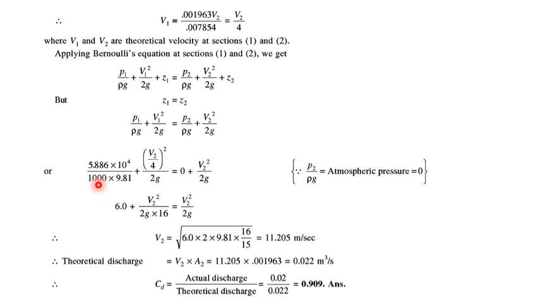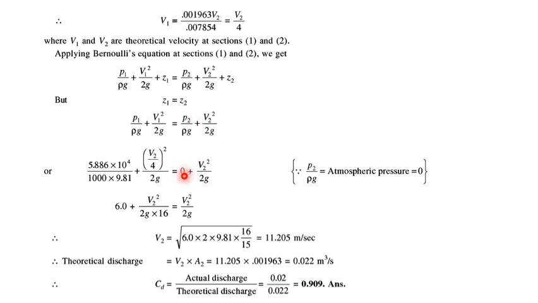The density of water is 1000, into 9.81, plus we can use this relationship: V1 is V2 by 4. So (V2 by 4) square divided by 2g. Now here, at section 2, the nozzle is open, so water is going to issue in the form of a jet, and as it is open to atmosphere, it has atmospheric pressure, or you can say zero gauge pressure.